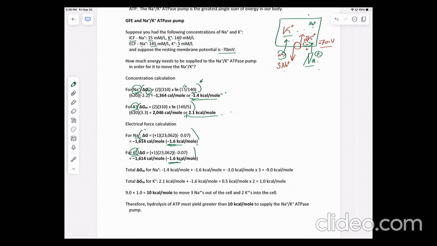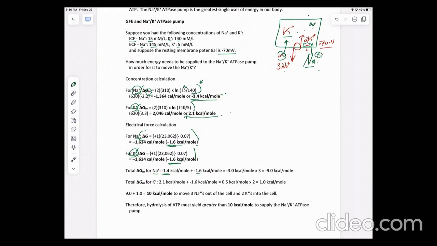So for the sodium, what I'm going to need here to move it into the cell, okay? So what I'm going to get as far as the concentration is going to be releasing energy, okay? So then I have to consider moving sodium into the cell. I'm going to again be releasing energy in terms of the electrical.